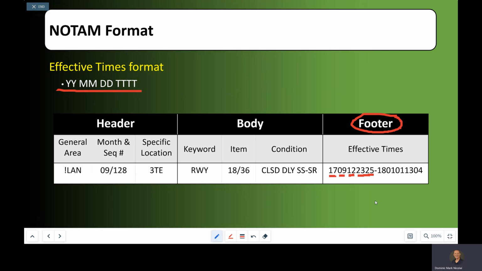That corresponds to the sunset time on that day. And this NOTAM is going to continue until the year 2018 on January 1st at 13:04 Zulu. That's sunrise on that day. You can use it in the daytime, obviously, but you can't go at night during those days there.